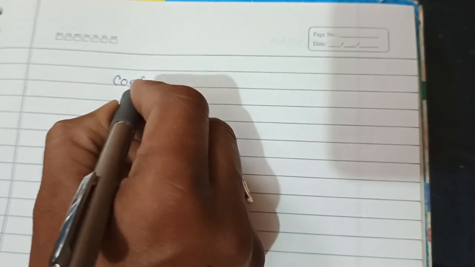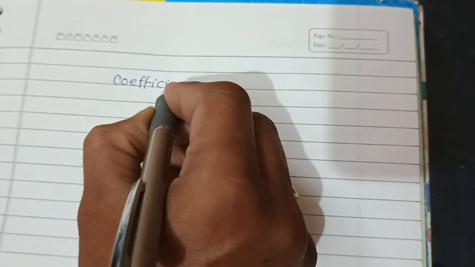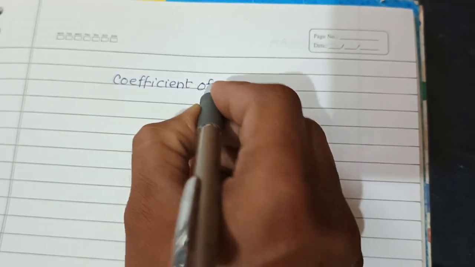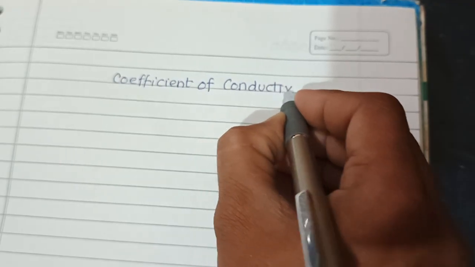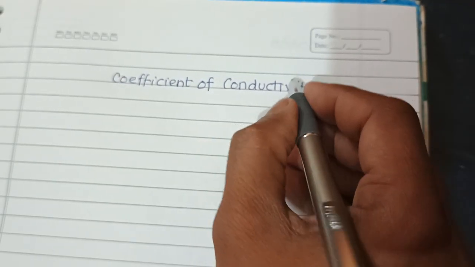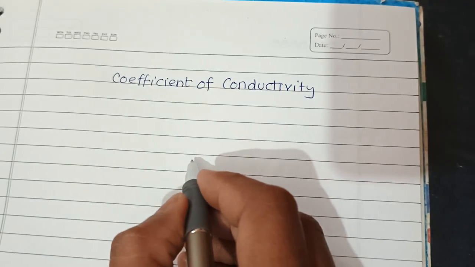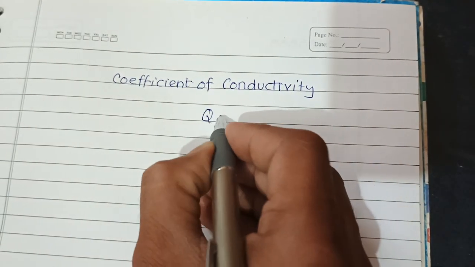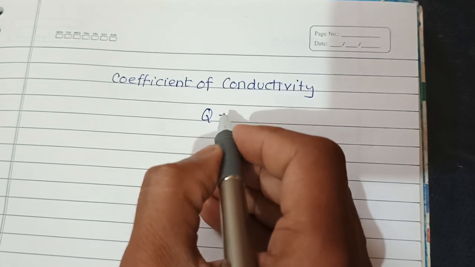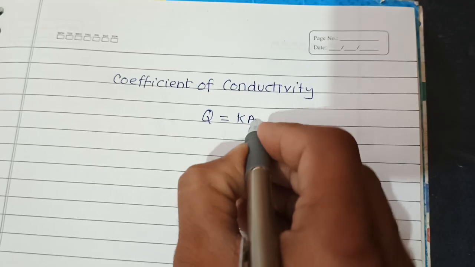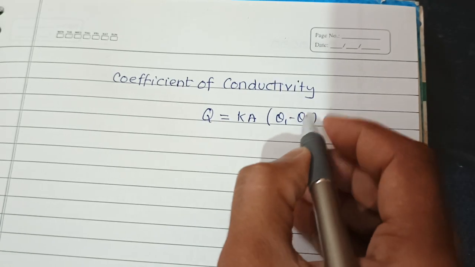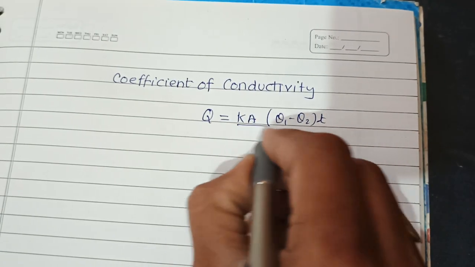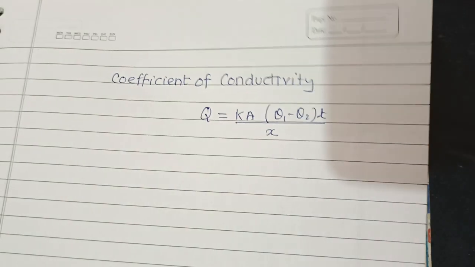Coefficient of thermal conductivity. Q is equal to Ka theta 1 minus theta 2 into T by X by the formula.